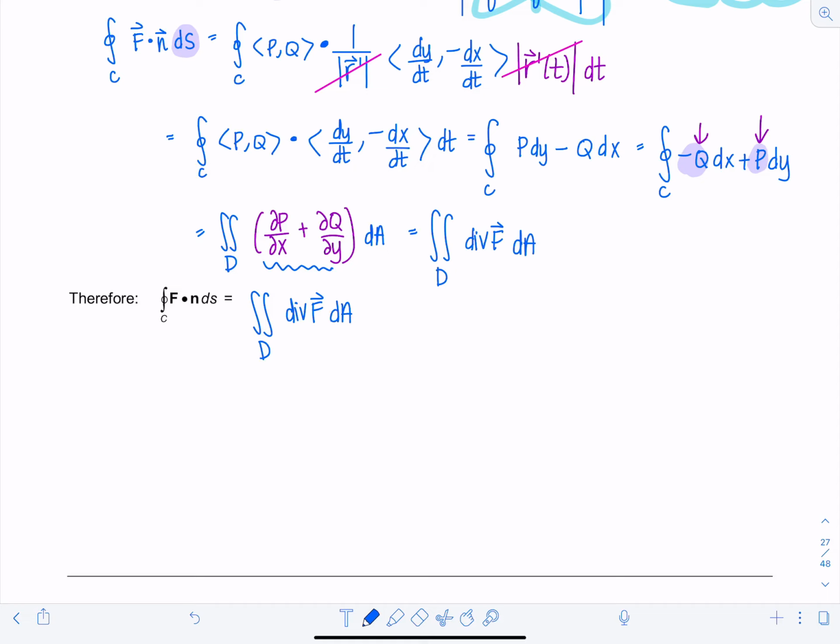Very good. Now remember, this line integral here does not represent work. That's F dotted with dr. This represents something else. We'll discuss that more later on, but it's interesting that Green's theorem can be rewritten and expressed using curl and divergence as follows.